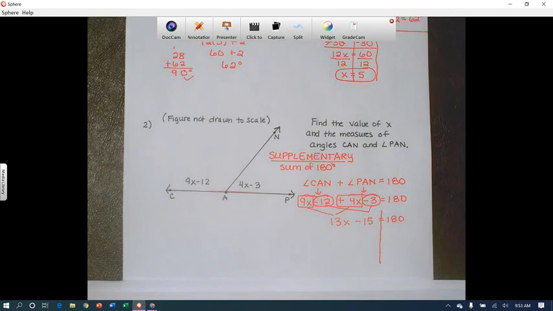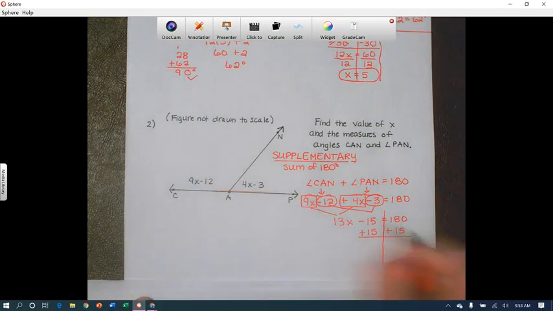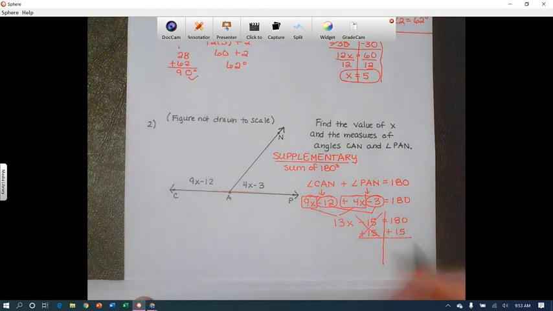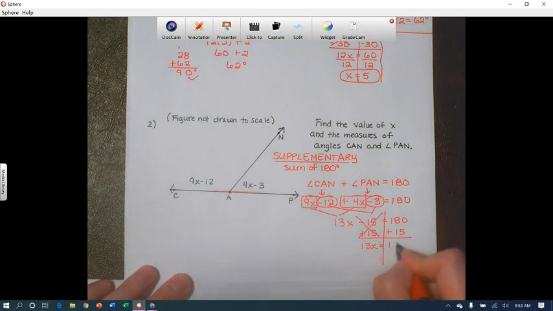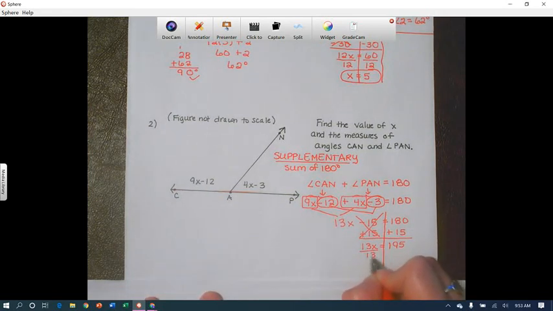Now I'm going to solve this two-step equation. The inverse of subtracting 15 is to add 15 to both sides. So I get rid of that, and I'm left with 13x is equal to 195. I'm multiplying x by 13, so the inverse is to divide by 13.